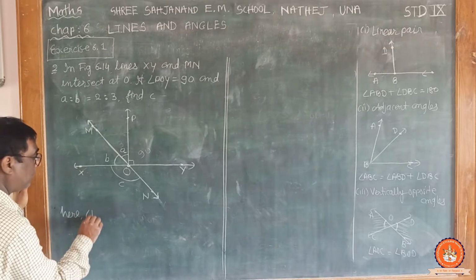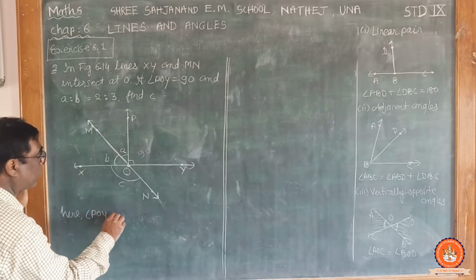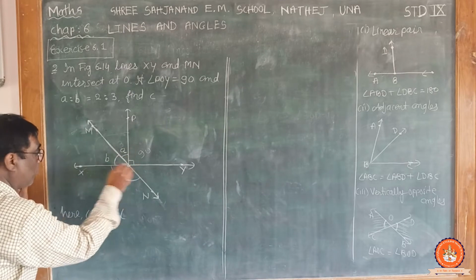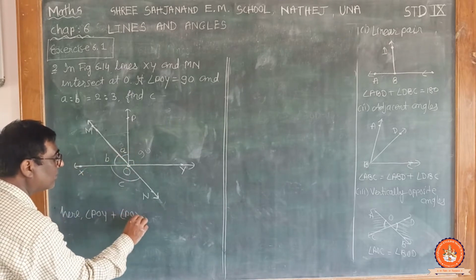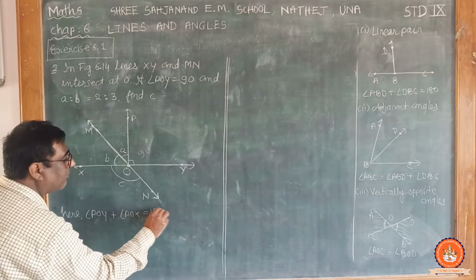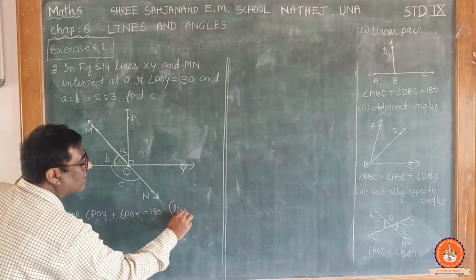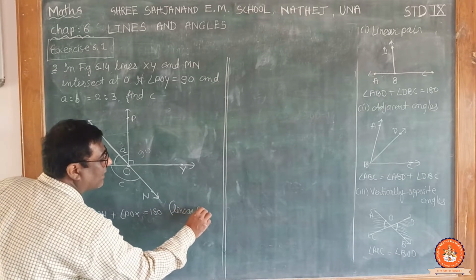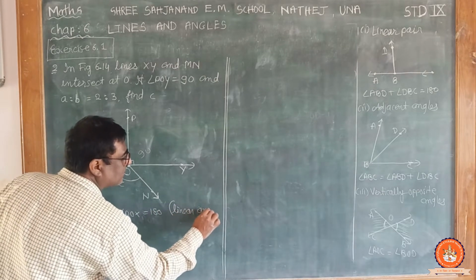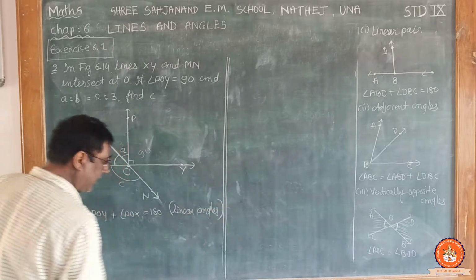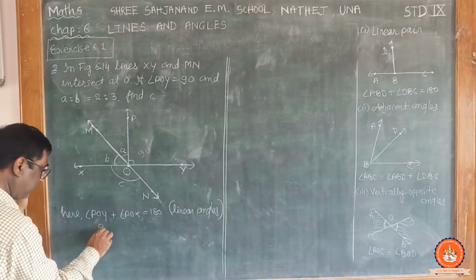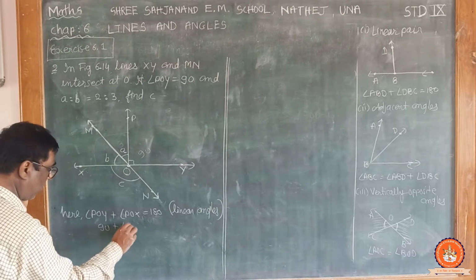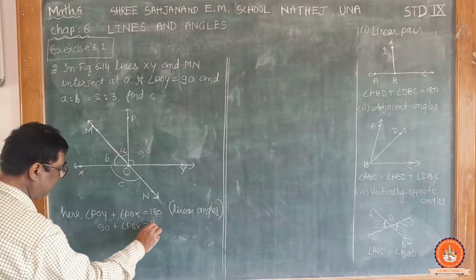Okay, so here angle POY plus angle POX is equal to 180 because they are a linear pair of angles. So 90 plus POX is equal to 180.